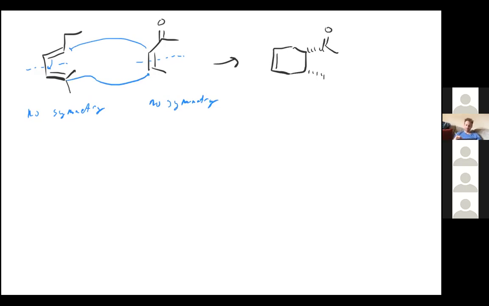Everything that's in the middle is going to get pushed upward on the diene. So this methyl group here is going to get pushed upward. And then our dienophile, or sorry, our other half will get pushed downward. So these are both going to end up as dashes.